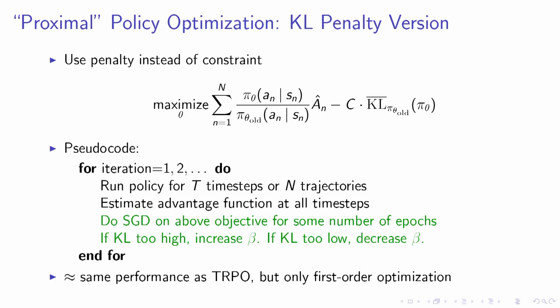Basically, if after we did our optimization our step was too small, we reduce the penalty coefficient. And if the step was too big, we increase the penalty coefficient. We're not going to get exactly the right step every time, but since each step is pretty small, it's not that bad. And over the whole course of the optimization, we'll basically stick to the right KL size.